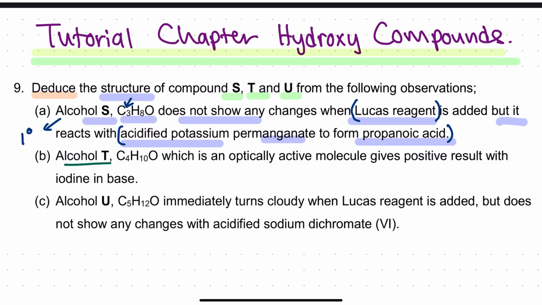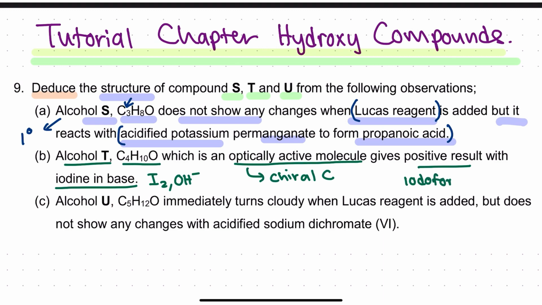is alcohol T. Alcohol T has got a formula of C4H10O and they said it is an optically active molecule. So optically active, we must remember it must have a chiral carbon. That's the key word there. And a positive result with iodine in base. Base means it is full of hydroxide ions, so with iodine in base, we are doing the iodoform test.